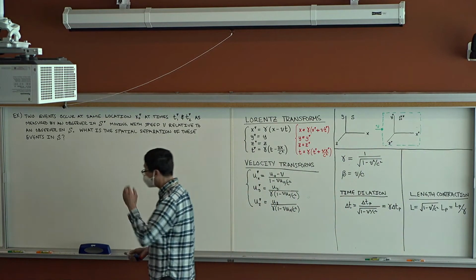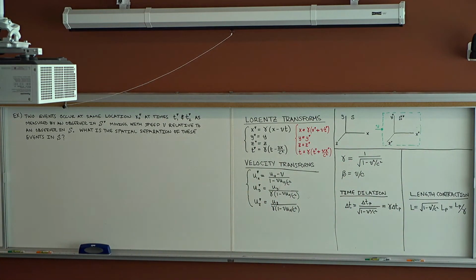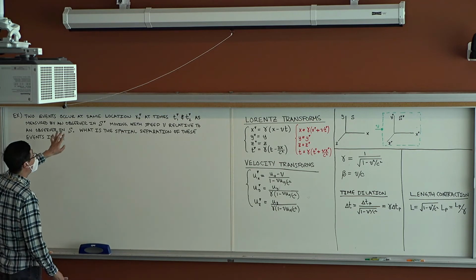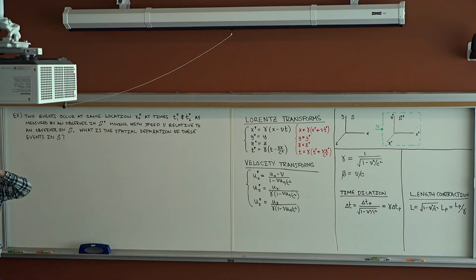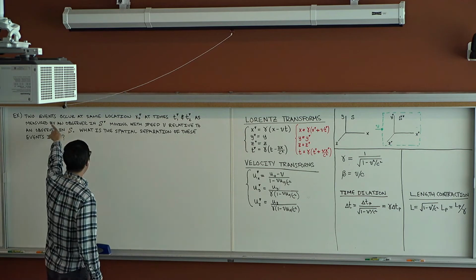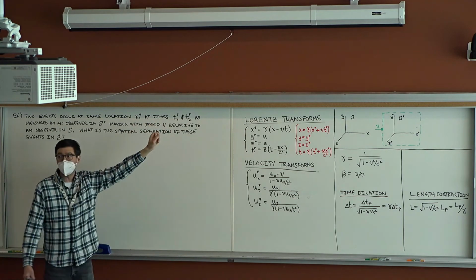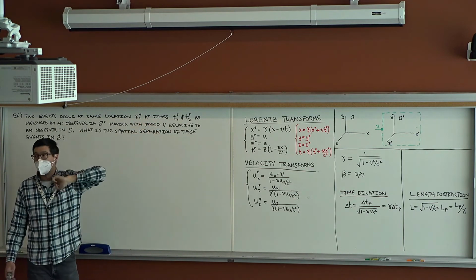So here's kind of an interesting bit of relativity, right? Special relativity starts to make the universe look really interesting. So I'm going to tell you that in the S prime frame, 2 events occur at the same location, x0 prime.